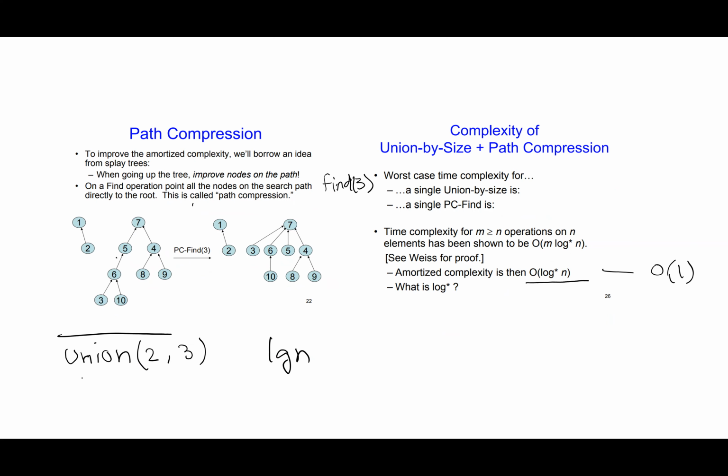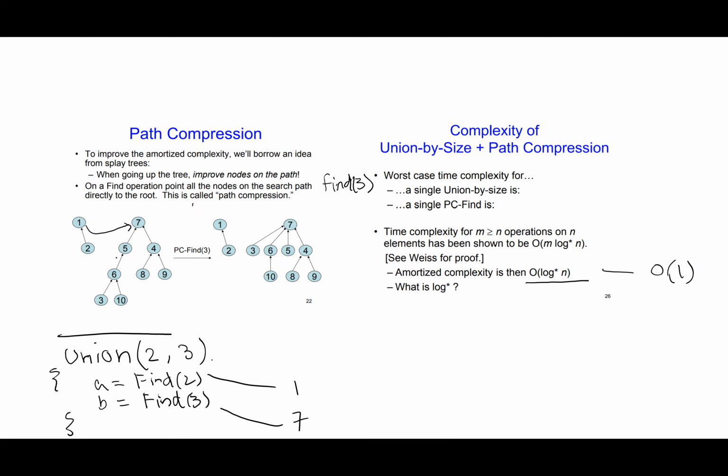First you have to do a find of 2, and a find of 3. Find of 2 gives you 1, find of 3 gives you 7. Then you do a union between 1 and 7 based on size, and the smaller one links to the larger one.